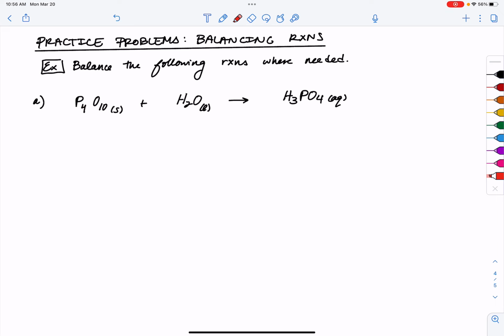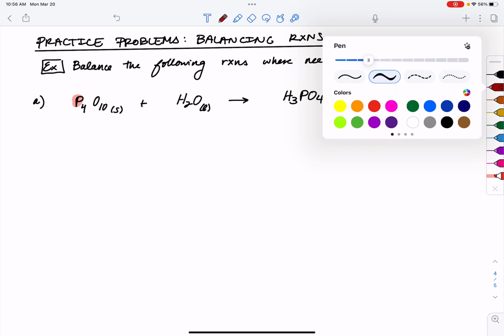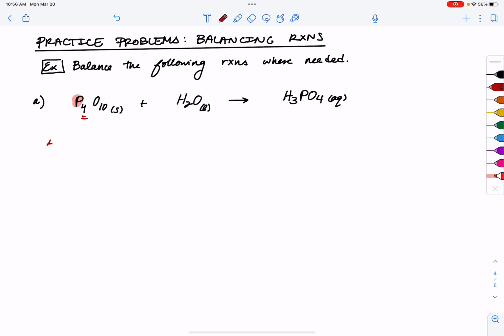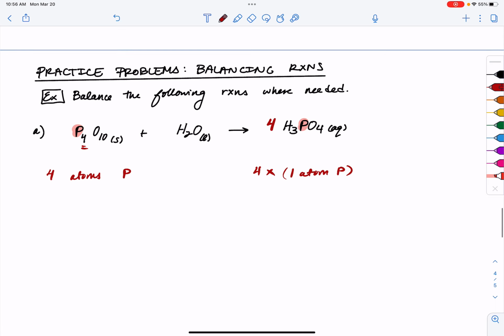Based on the subscript, I have 4 atoms of phosphorus on the reactant side, whereas on my product side I have 1 atom of phosphorus, meaning I need to quadruple the quantity of phosphorus. The only way I can do that is by placing a quadrupling amount in front of my H3PO4 product, meaning I have now quadrupled the amount of H3PO4 molecules that have been formed.